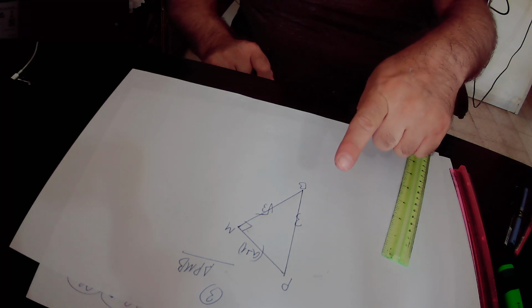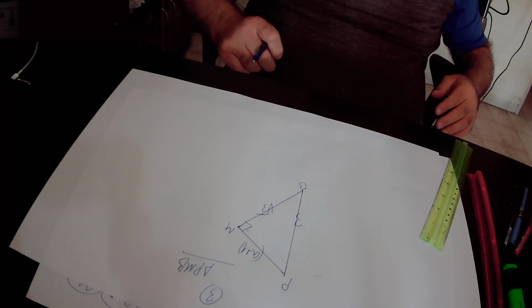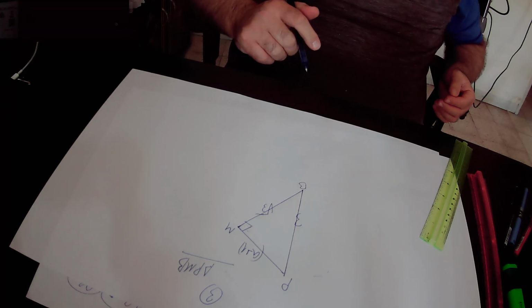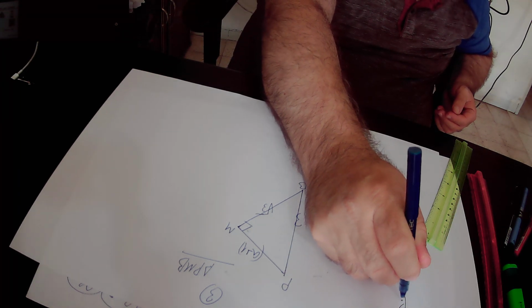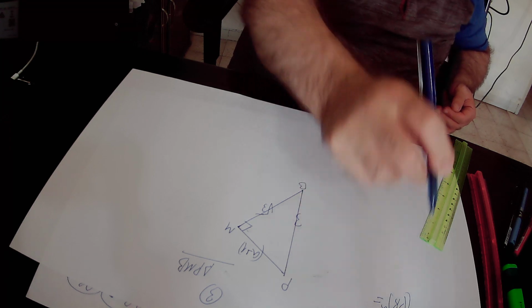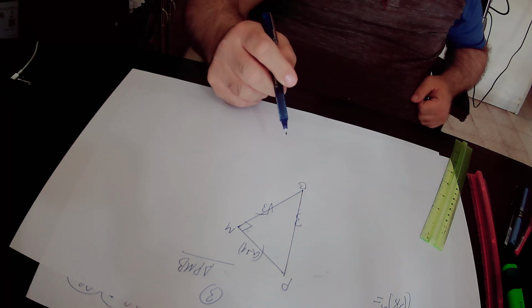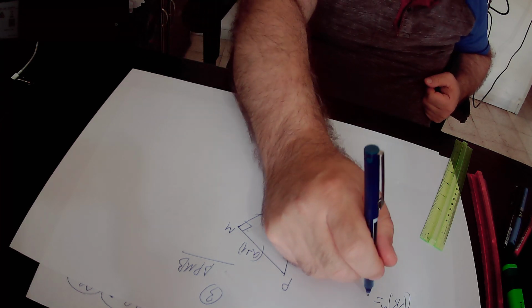The hypotenuse in this right triangle PMB is PB. Therefore, the square of the hypotenuse is PB squared, and it must be equal to PM squared plus MB squared.